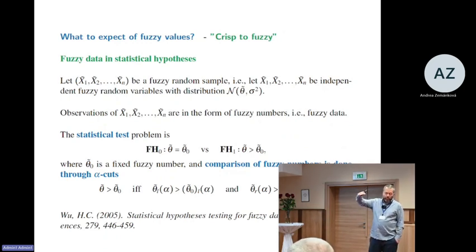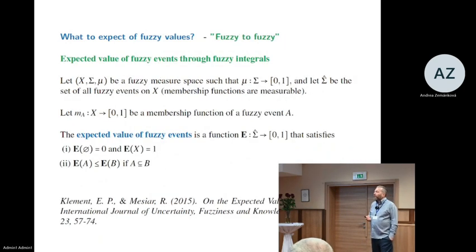So we take the maximum alpha that satisfies this, and we get a degree of acceptance, or on the other hand, we get a degree of non-acceptance if we have a strictly larger value. So this is an interesting way to test fuzzy hypotheses with some sort of crisp type testing.